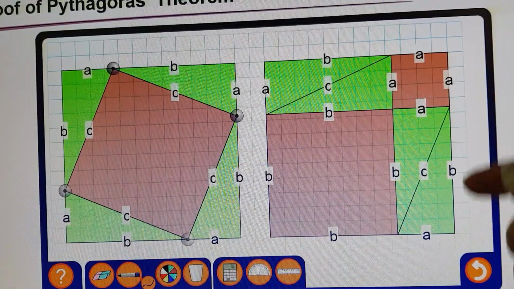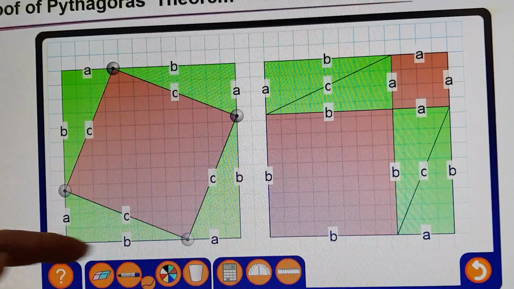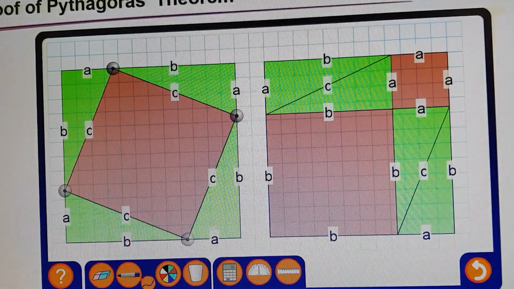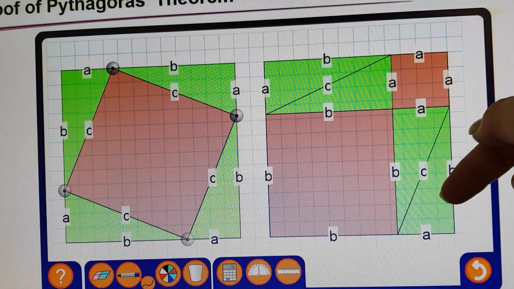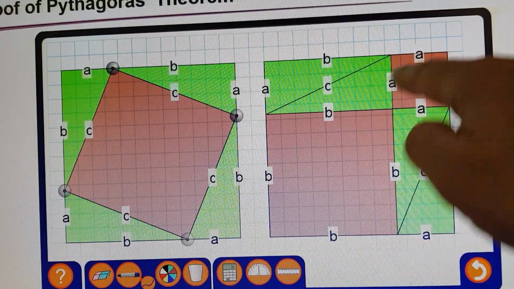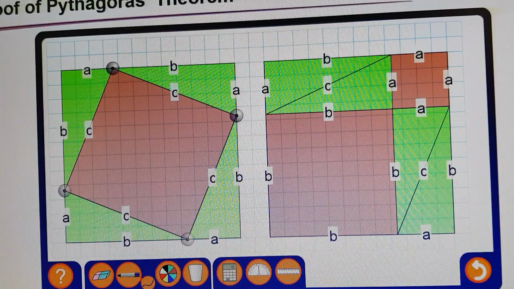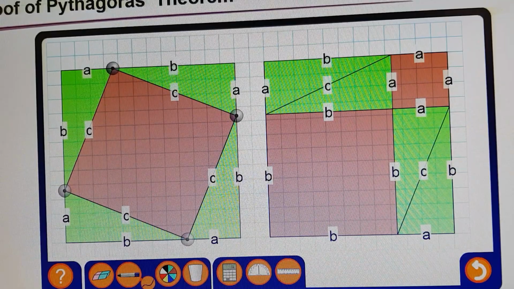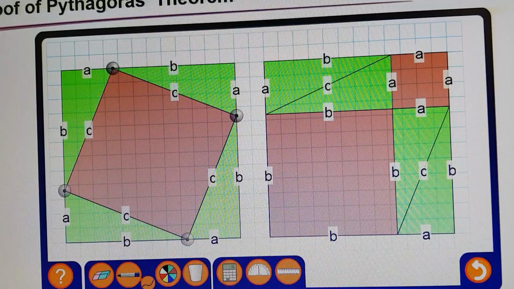But because the area of each of the large squares in each case is exactly the same, and the four triangles in each case are exactly the same, these two areas must add up to the same as this area. And that's where we get our Pythagoras equation. C squared is equal to A squared plus B squared.